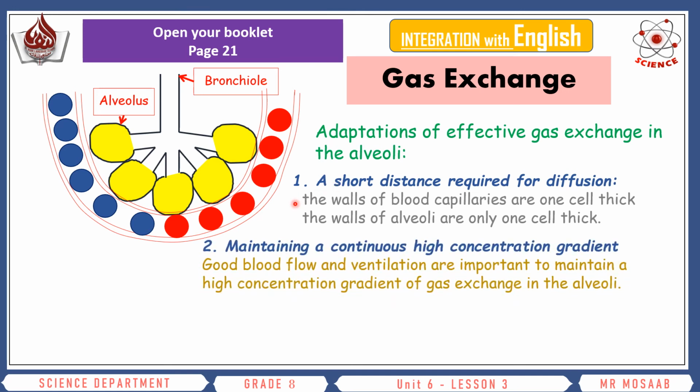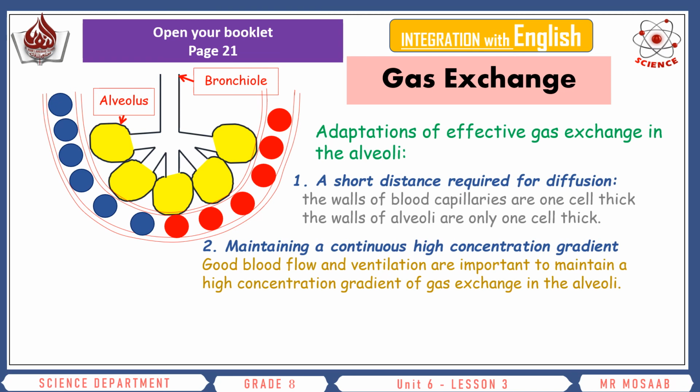Second, maintaining a continuous high concentration gradient. As we said before, good blood flow in the alveoli and ventilation, air in and out, are very important to maintain a high concentration gradient of gas exchange, because if the concentration in the blood and the alveoli is equal, the diffusion will stop.